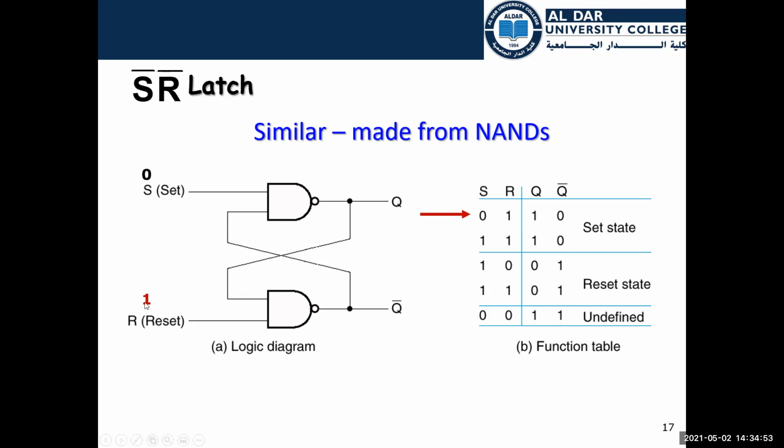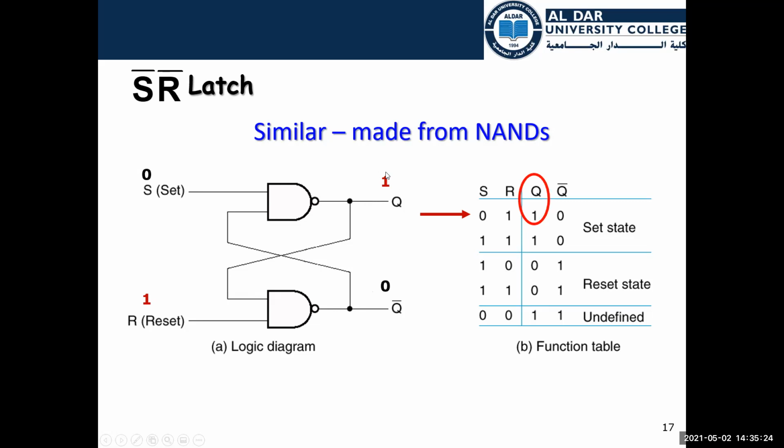So if we have 1, this means we have an inverter for the output. If we have 0, this means we have always 1 independent of the other value. This means we have 0 here, and the output will immediately be 1 because it does not depend on the other input. If we have 0, the output will always be 1.